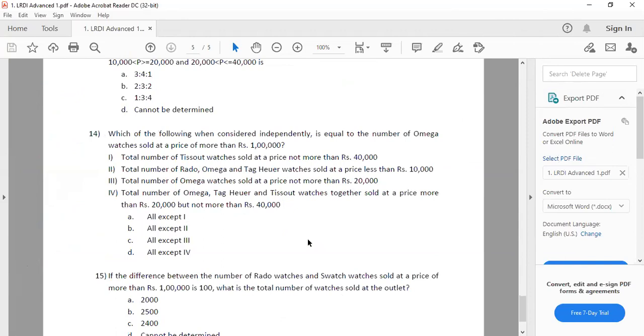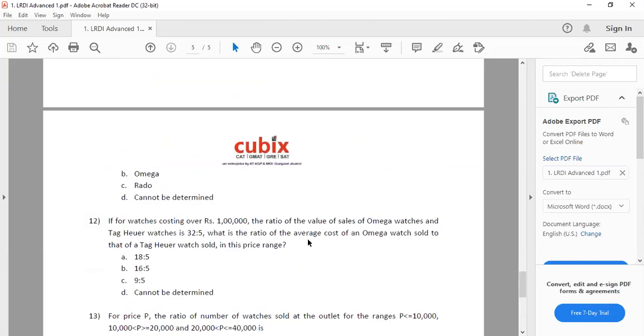Number 14. Which of the following is equal to the number of omega watches sold? Is total watches mentioned anywhere?